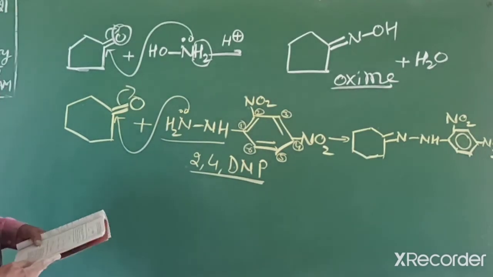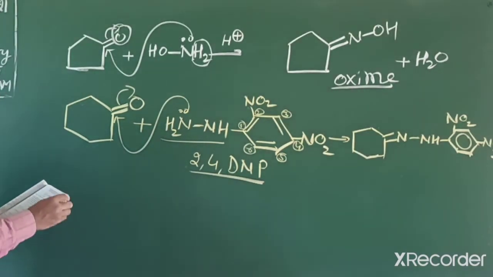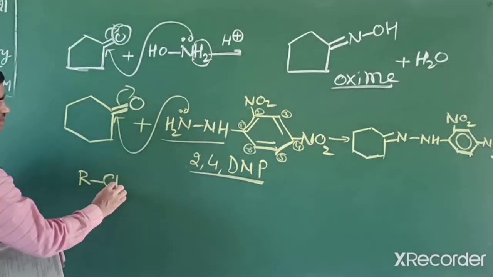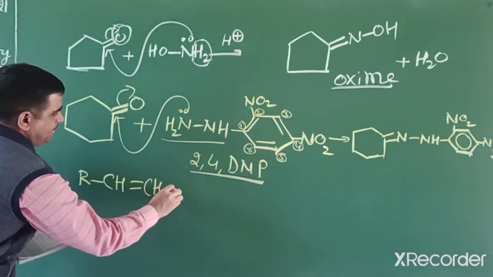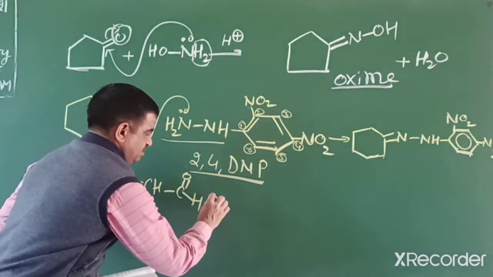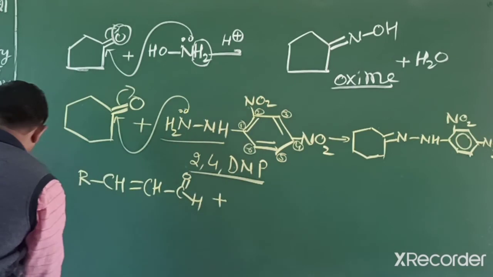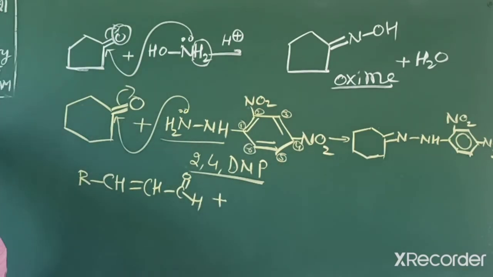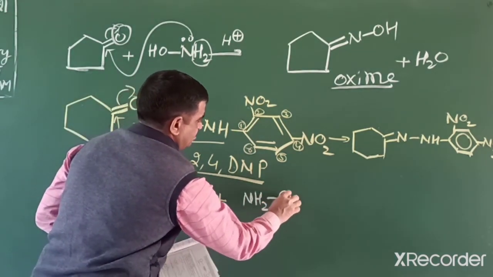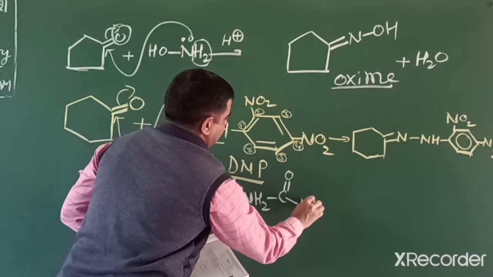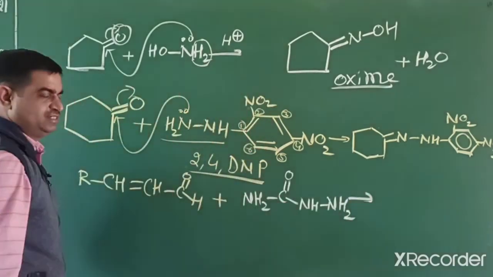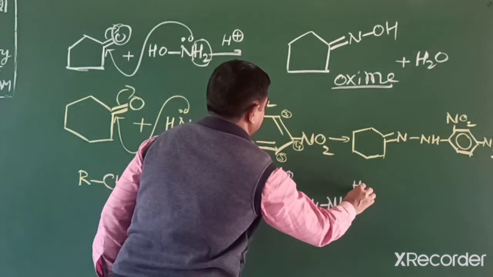Next reaction is also written: an unsaturated aldehyde of such a type is written, and another reaction is written in this way, with the reagent semicarbazide, in presence of acidic medium.